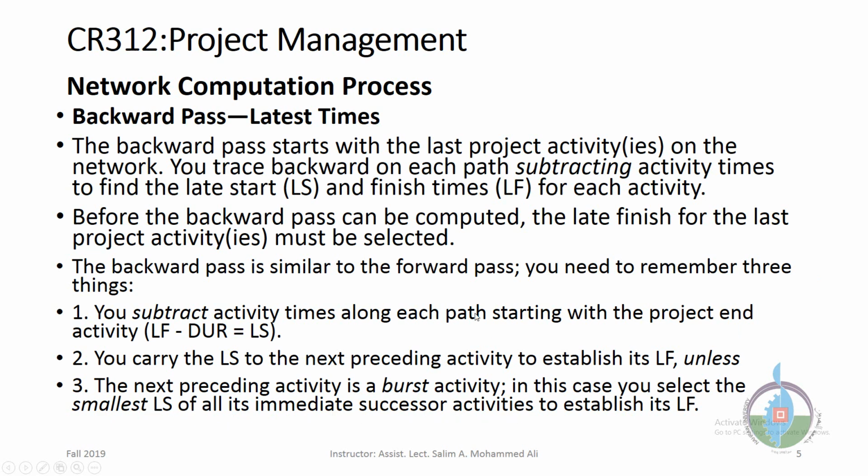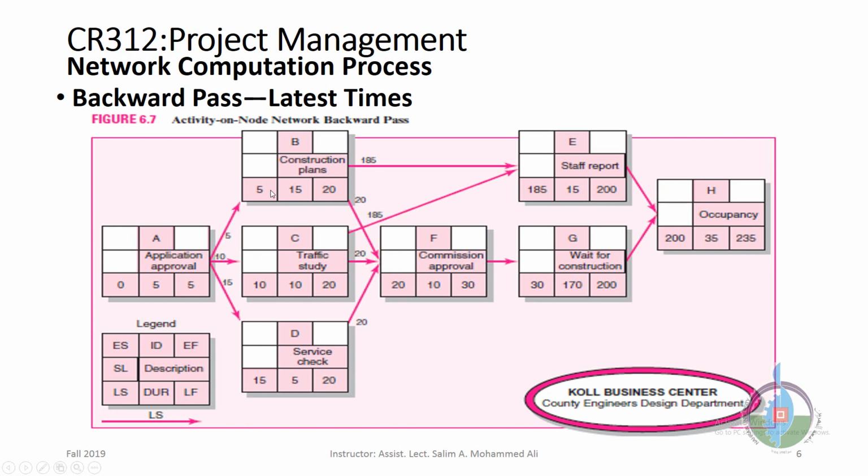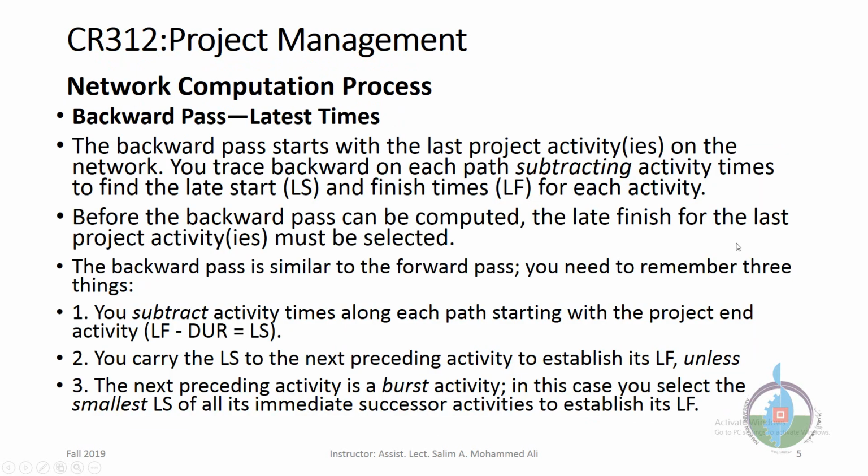Let's see the example here. We have the same project, but instead of doing the forward pass, we will start from H. We have the duration of H, 35, and it has a total project duration of 235, because this was found by the forward pass.